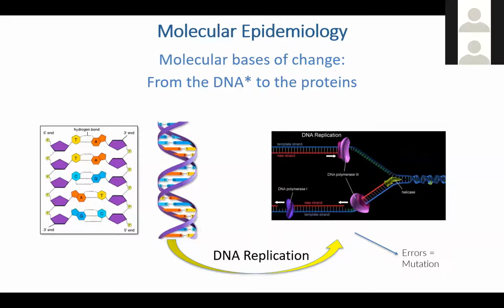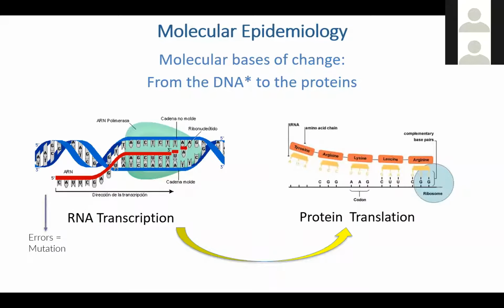The other aspect, the other moment when a mutation or error can occur can be in the RNA transcription. So we have to recall that in the transcription, which is the process through which the DNA generates an RNA chain, which is going to act as a template to then translate it to generate a protein.